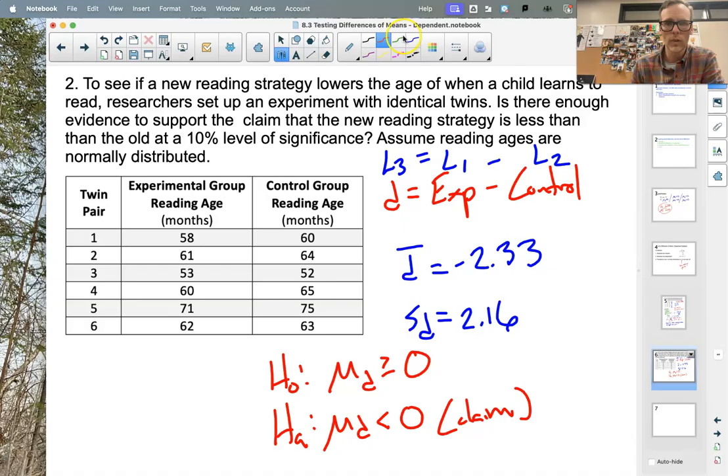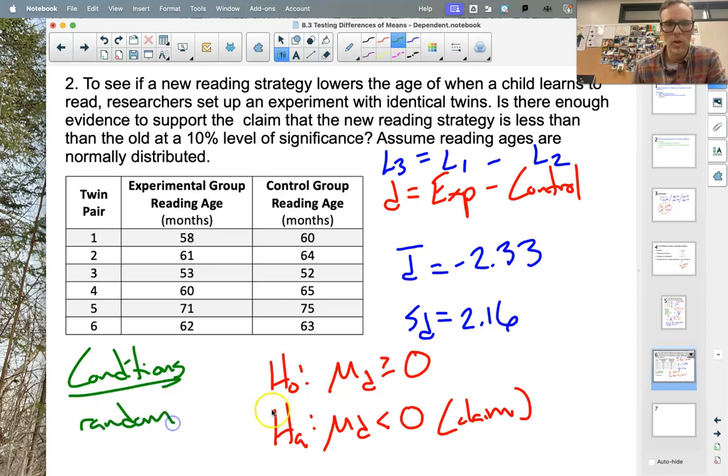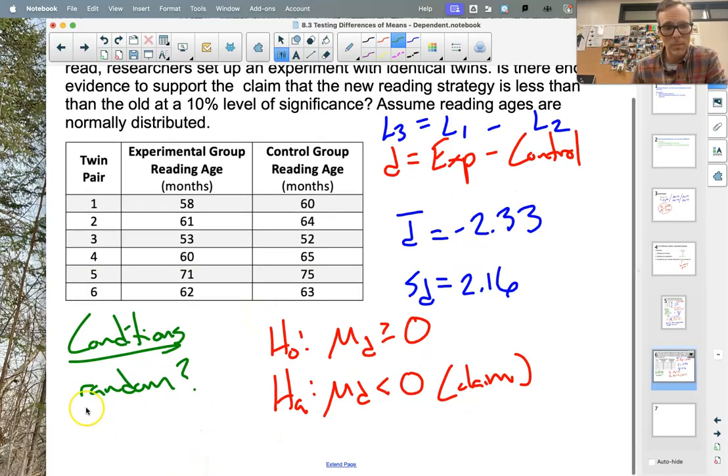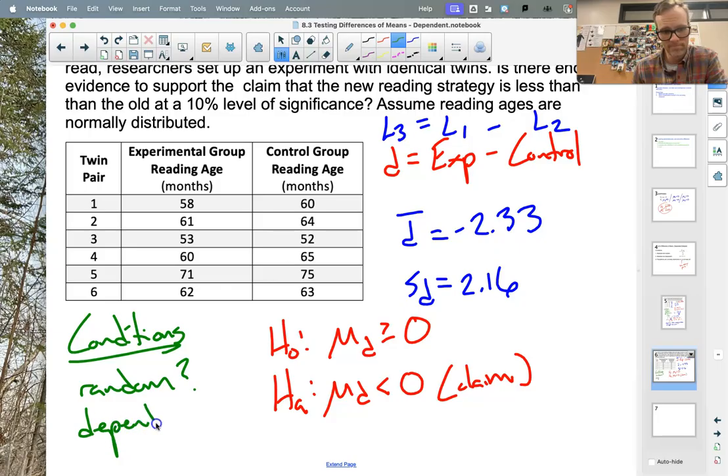Conditions. Random? I don't know. I do not know. Dependent? Yes. Why? They're identical twins.